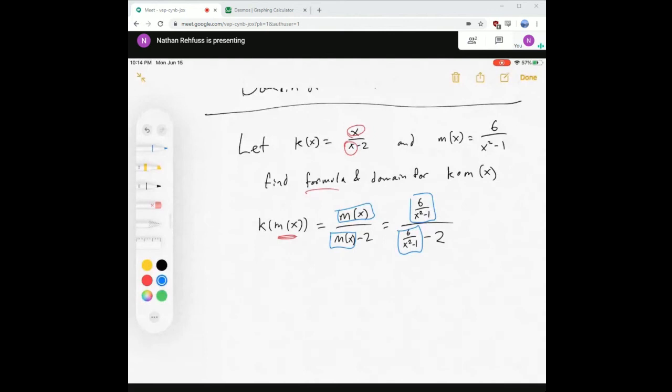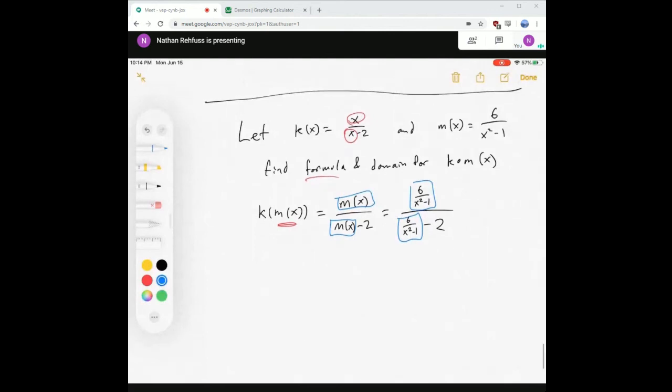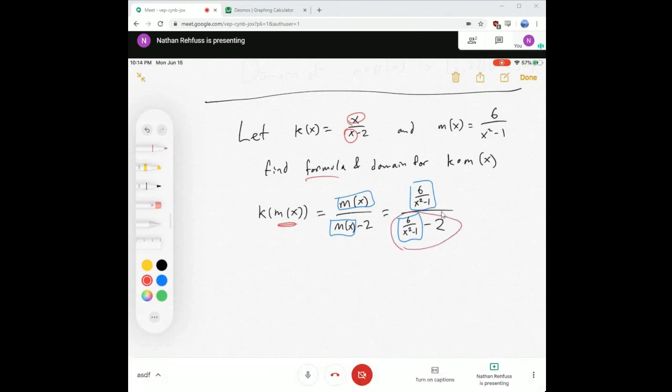A few different ways to do this. Let me simplify the denominator first. Maybe if I can simplify the denominator, I'll get something good. So this division sign is splitting our problem into two parts. Numerator's already simplified, denominator's not.